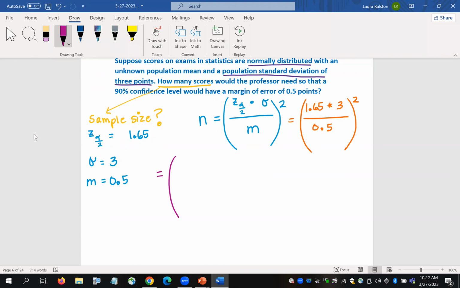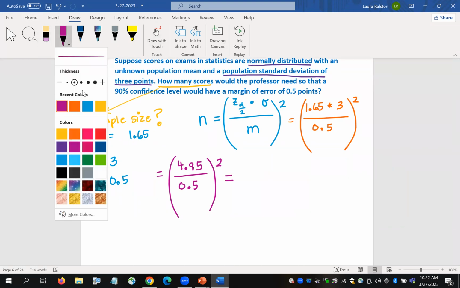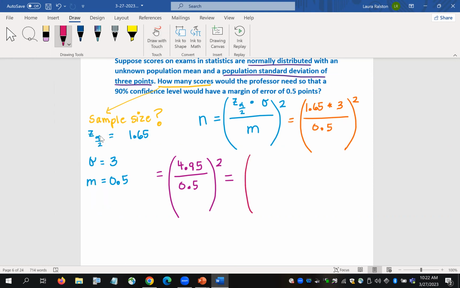So I'm going to multiply 1.65 times 3, which is 4.95, still divided by the 0.5, and then squared. I'm trying to walk through it so that you don't get messed up. If you are very proficient with the calculator, some people could put this all in at one time.